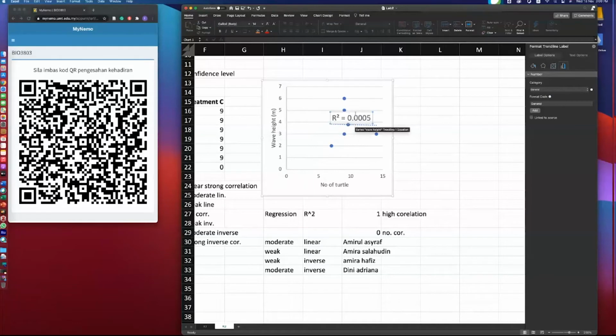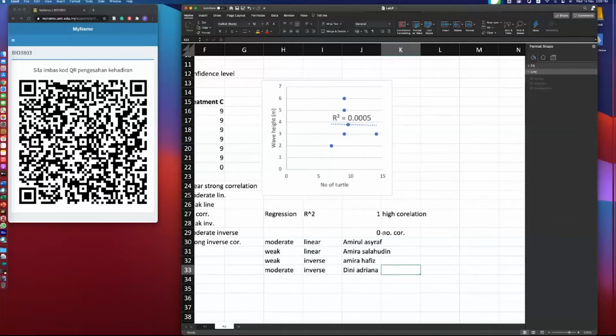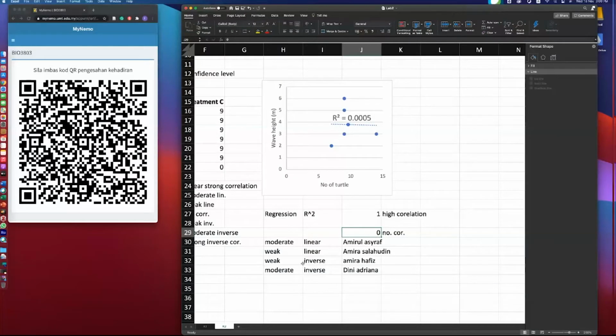Okay, so what does it mean here? In this instance, how do I know if the number is not 0, somewhere between 0 and 1? For example, I want you to give the numbers for the R squared that indicate you have a weak inverse correlation, weak linear correlation, moderate linear, or moderate inverse.